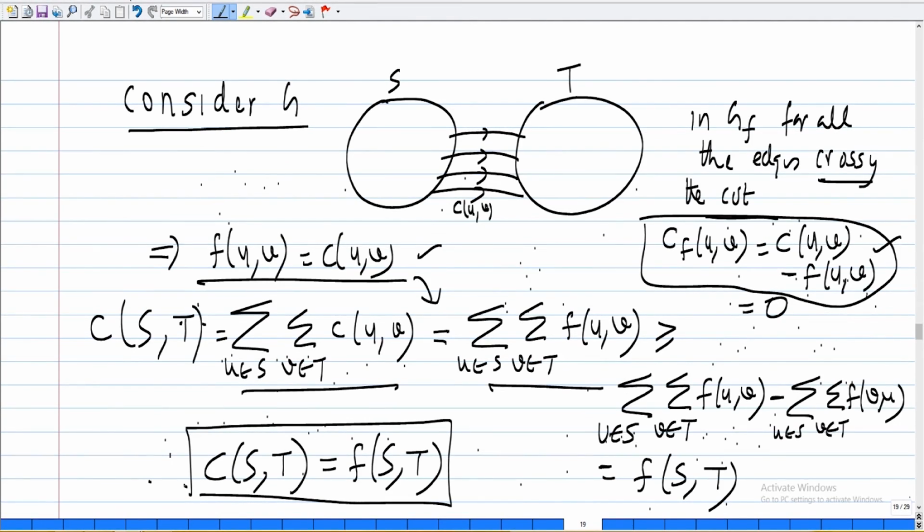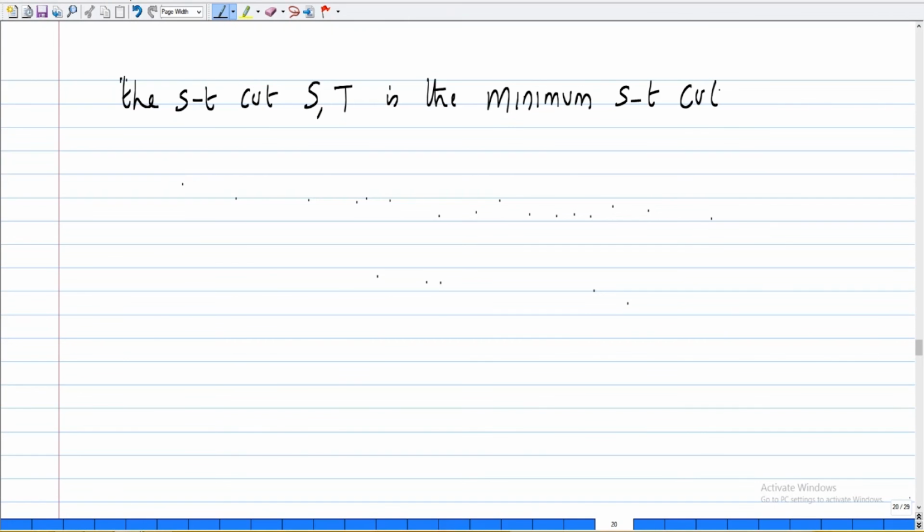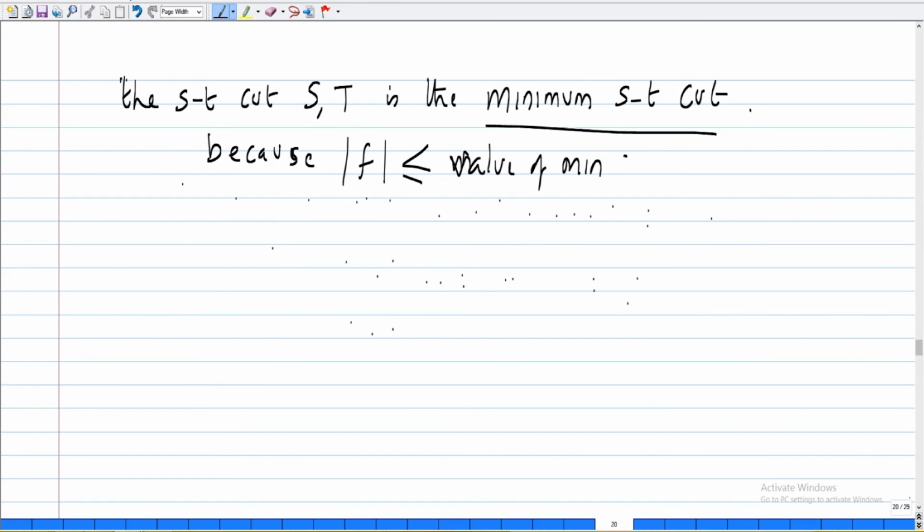Fine. So the final claim: there can't be a smaller ST cut, because if you have attained this, you know that a certain value is always less than or equal to the value of the minimum ST cut.